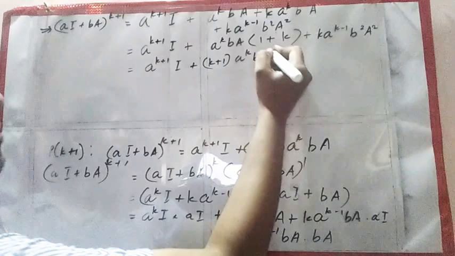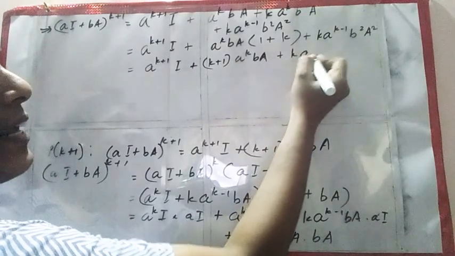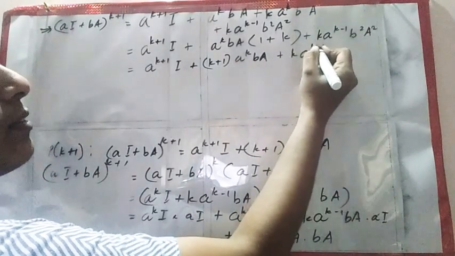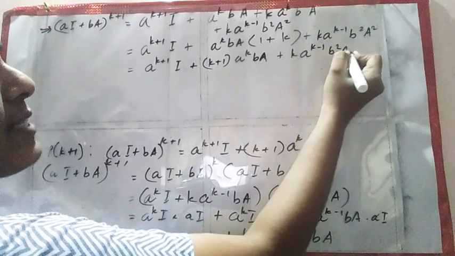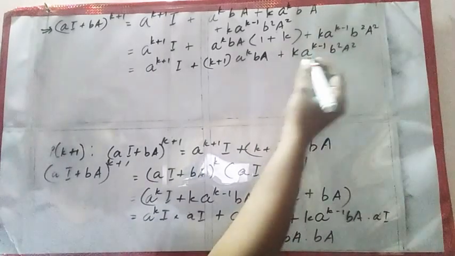So we get a raised to k b A, so plus k a raised to k minus 1 b square A square. So now comparing it with our required result, we can see that there is an extra term. This is the only extra term left.